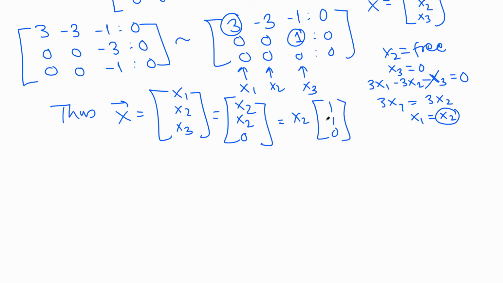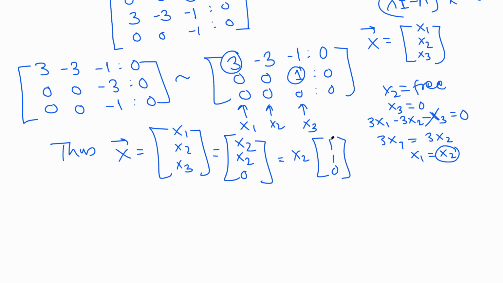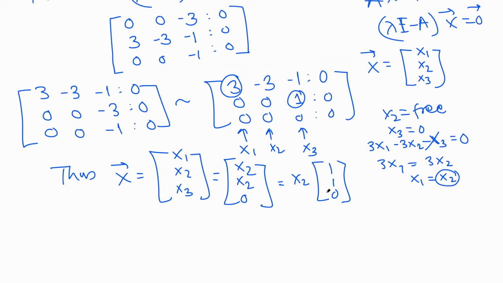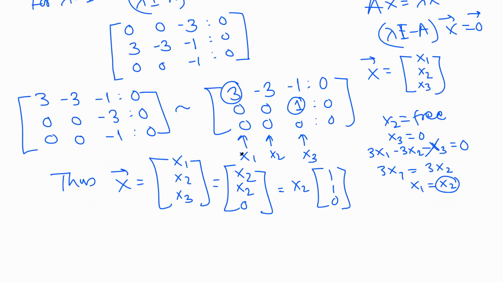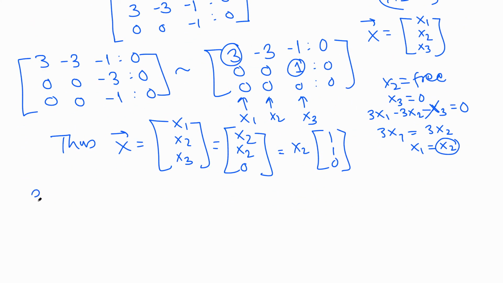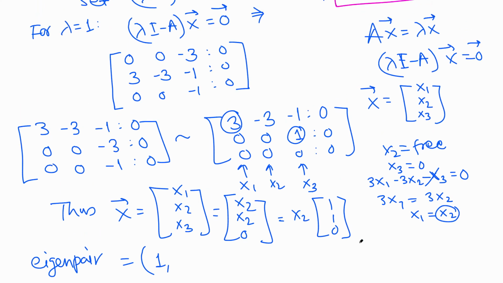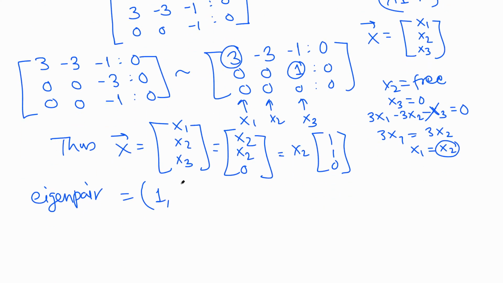So this is a basis for the eigenspace, or eigenvector related to 1, and sometimes we call that an eigenpair. Let me put that. Eigenpair is for eigenvalue 1. For this eigenvalue we got 1, 1, 0.